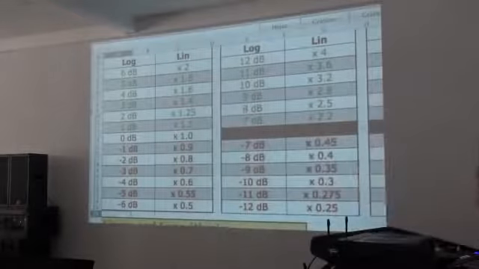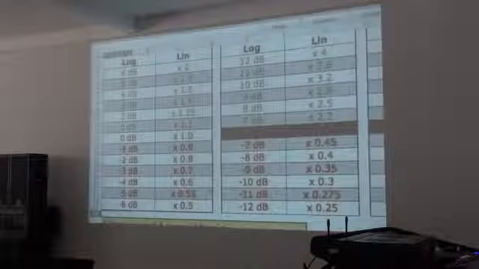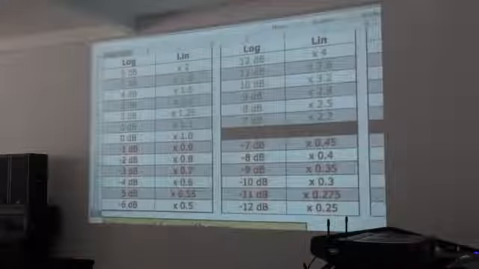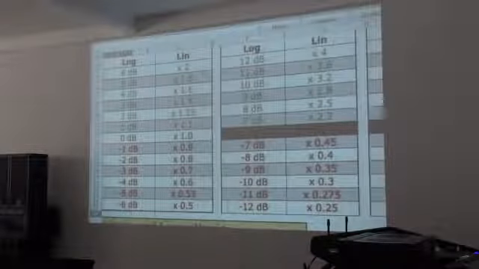If you want to make your life as a sound technician easier for the rest of your life, you have to learn the values in the first chart.